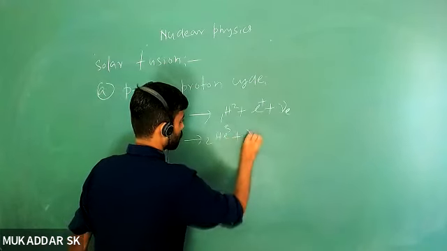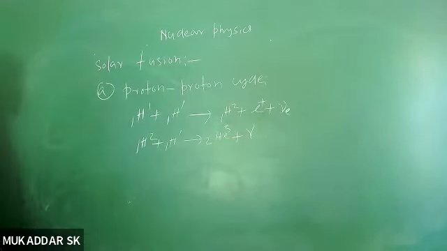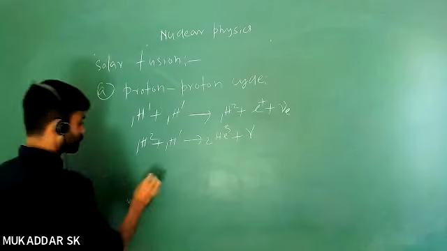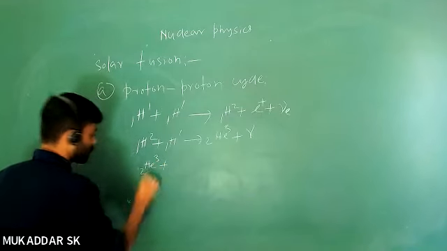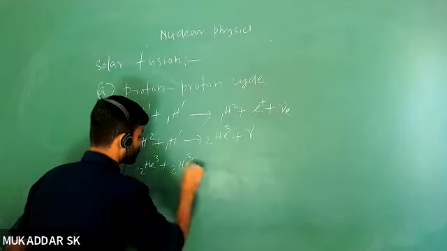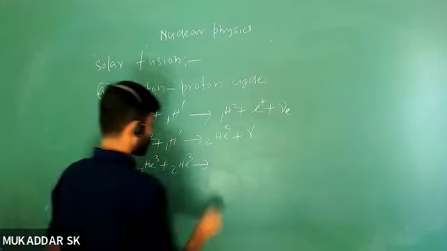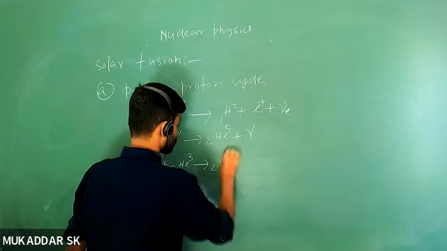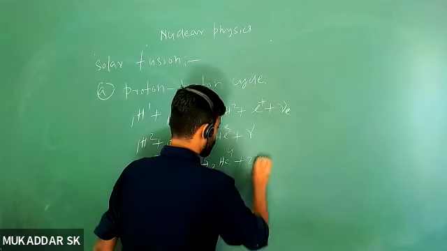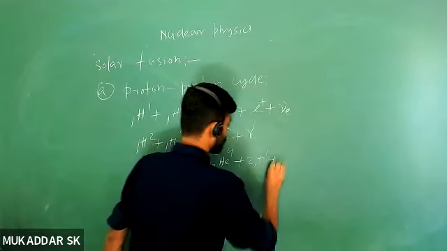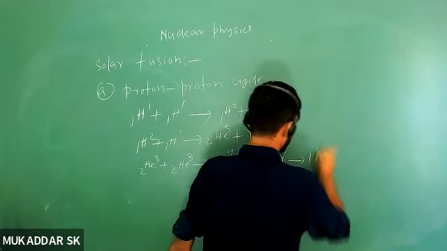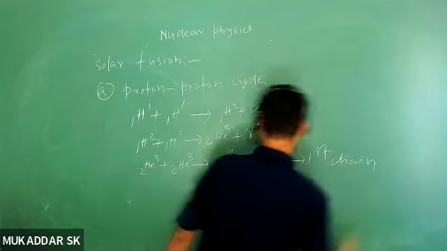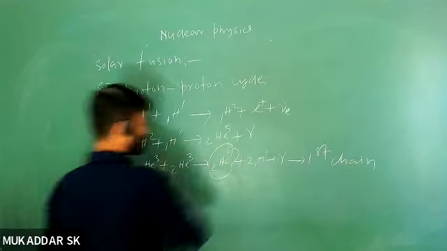And there will be emission of a photon. Now 2He3 will combine, and it will produce 2He4 plus two 1H1, and there will be emission of energy. So this is the first chain.